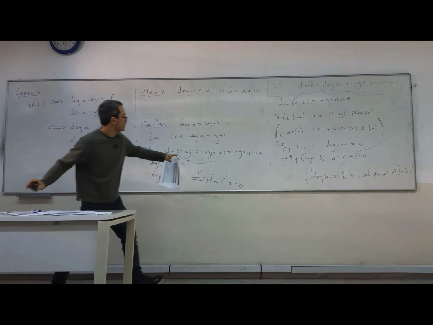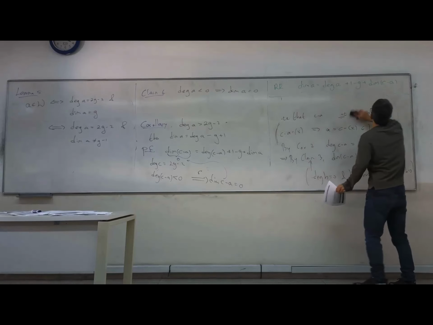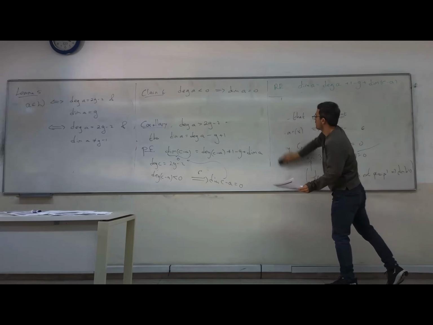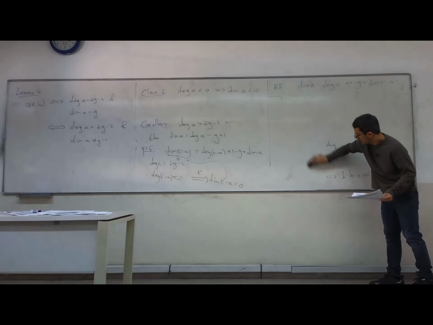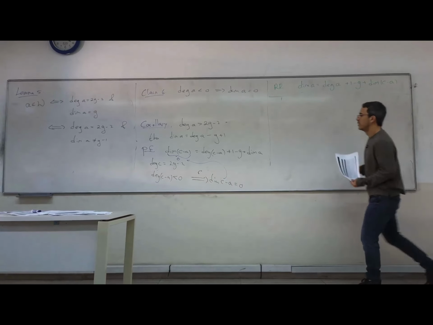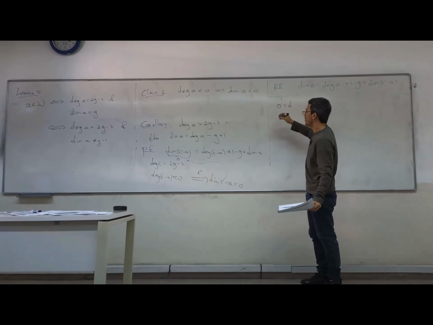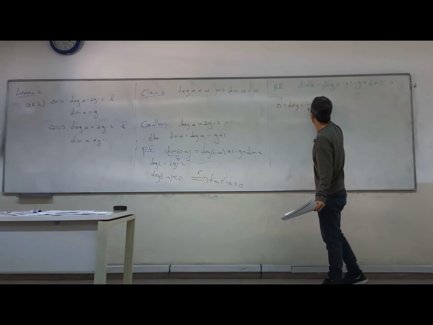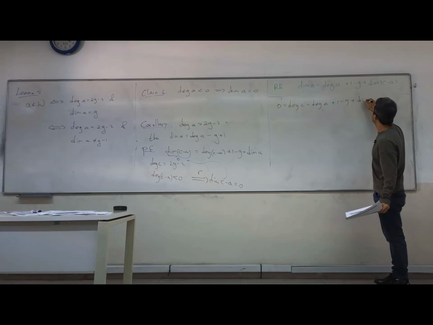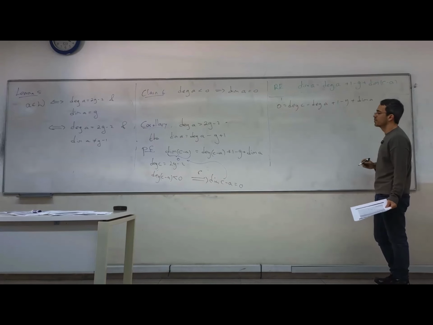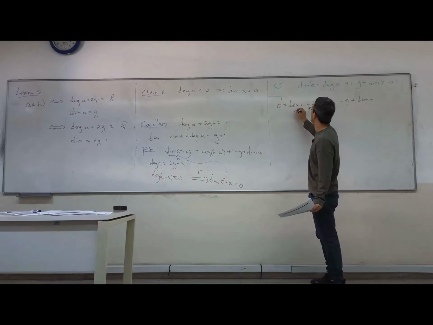Right, and that's it. Now the degree splits and we can see what we get. So we got that 0 is equal to the degree of C minus A, but that's the degree of C minus the degree of A, plus 1 minus g plus the dimension of A. And the degree of C is 2g minus 2.